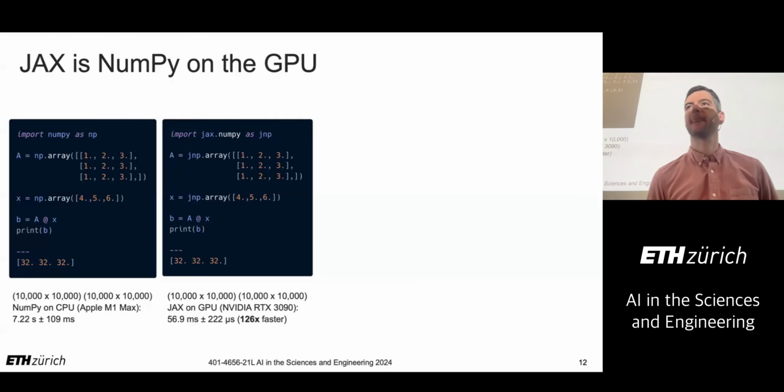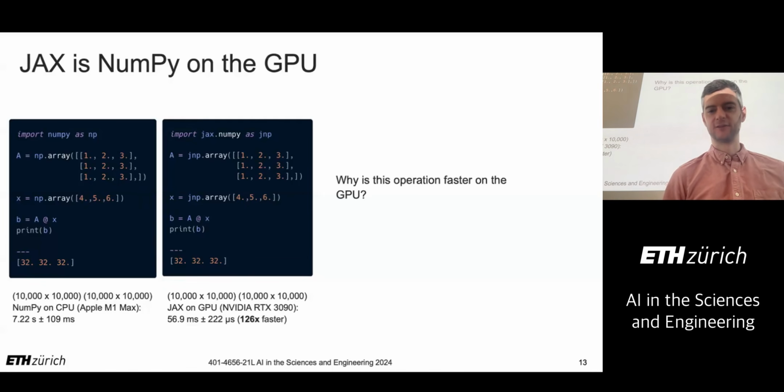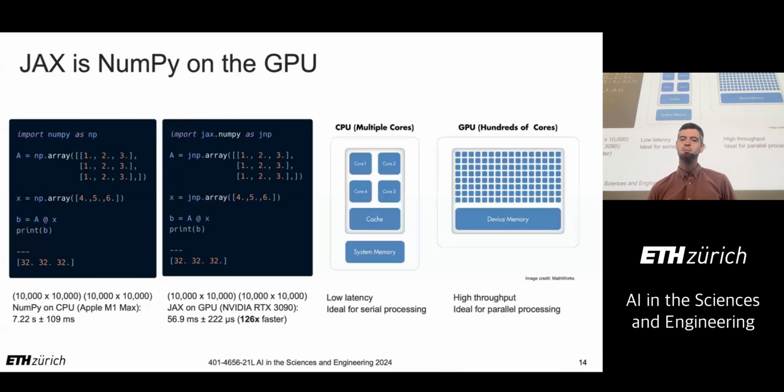Yeah. So here's a very high-level sketch of what the hardware of CPUs and GPUs looks like. You can think of CPUs as consisting of a small number of cores. A laptop might have 16 or 32 cores, say.